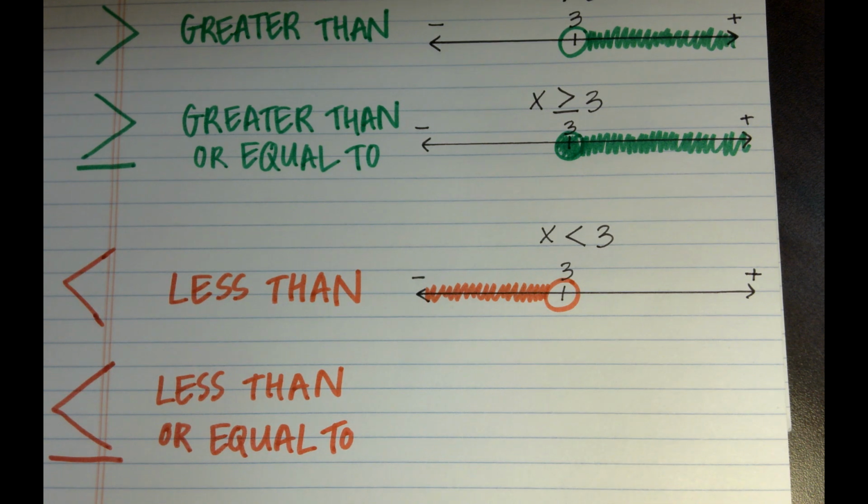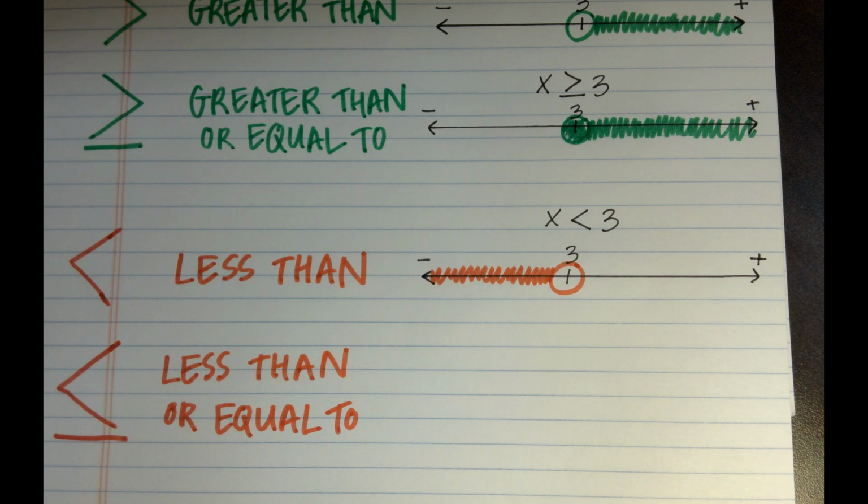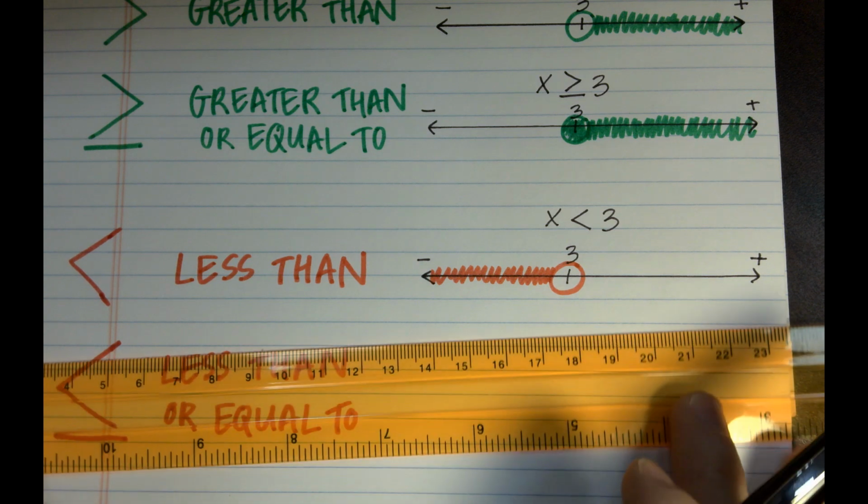We're just going to do the exact same thing on the bottom for less than or equal to. Draw one last number line graph.